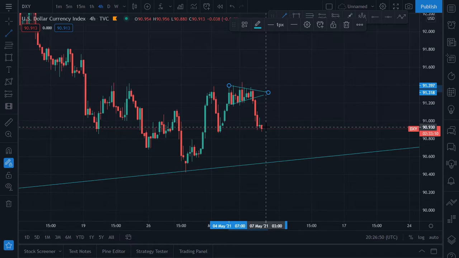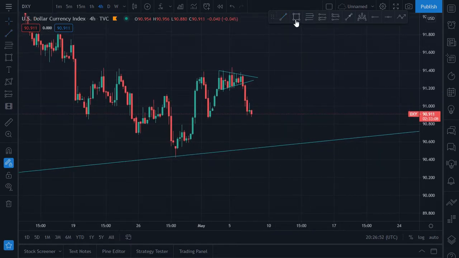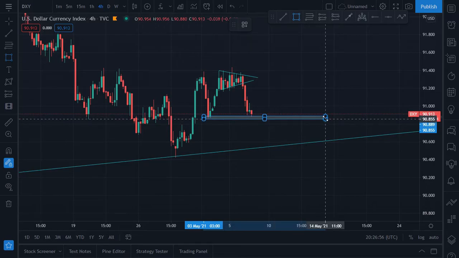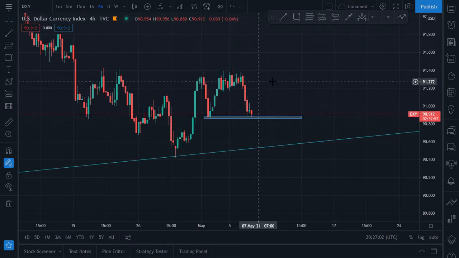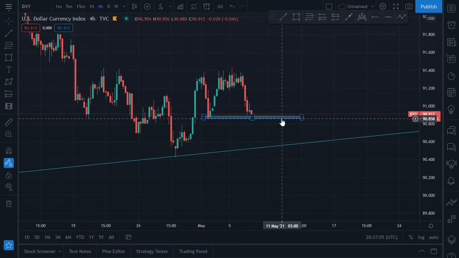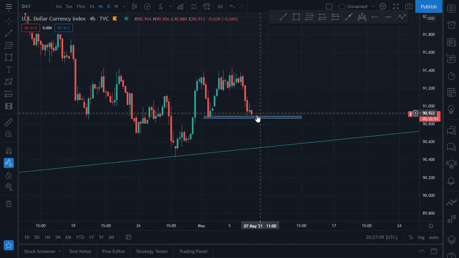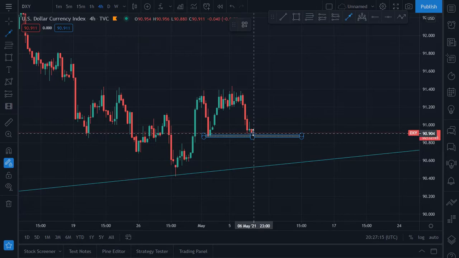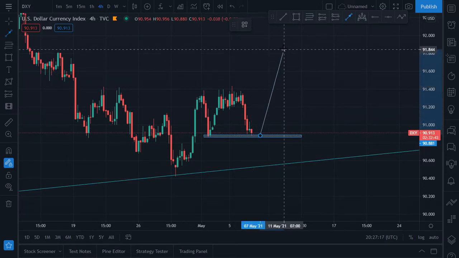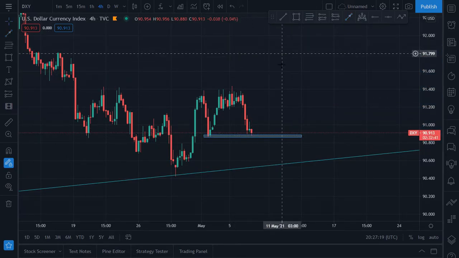Then the market dropped, and the market is now somewhere around this zone, which might become our new support, as in the market might just reject here, then bounce, then continue impulsing to the upside.